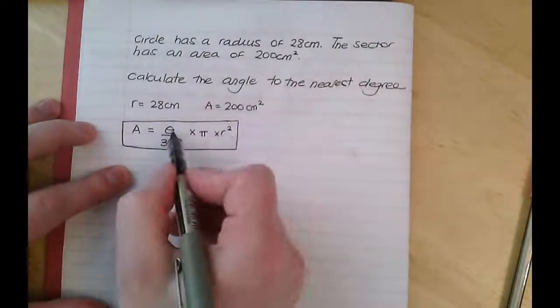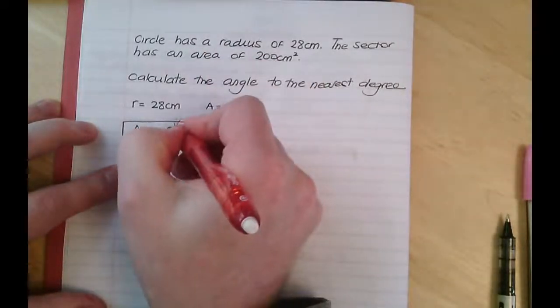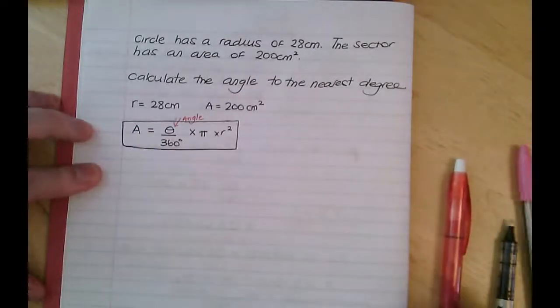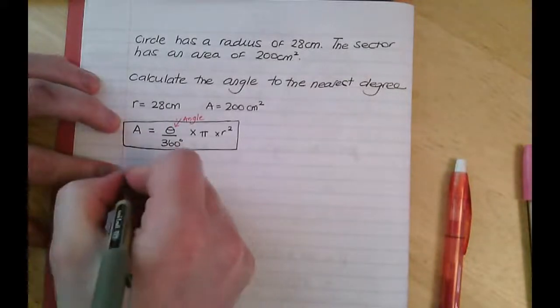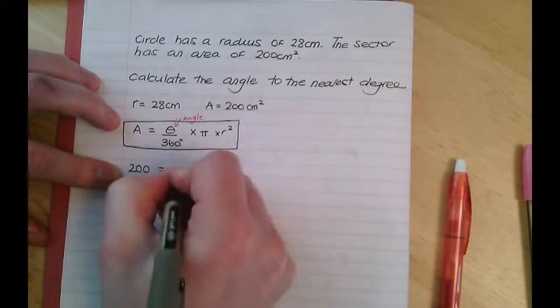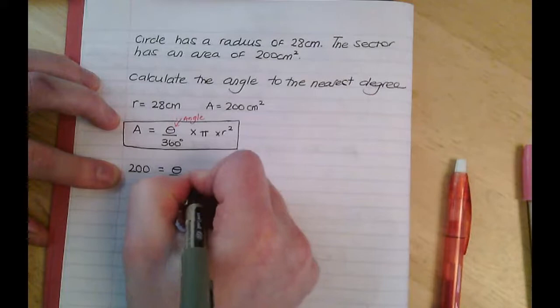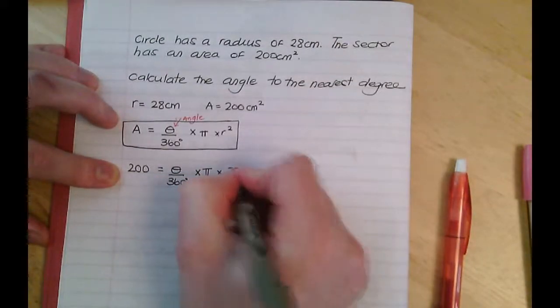And the theta bit, the angle, is what we're trying to work out. Now we know the area is 200. Theta is what we're trying to work out. Pi is just a number, and we know the radius is 28.